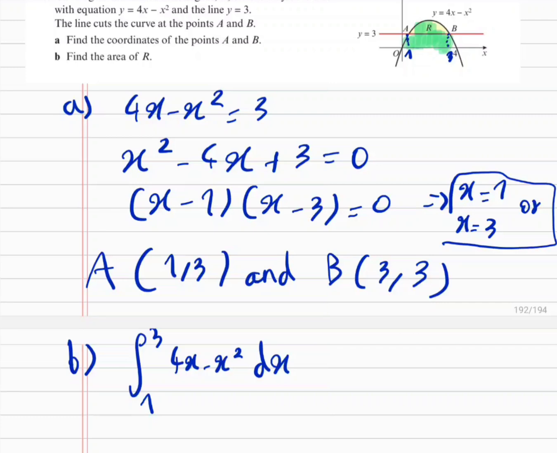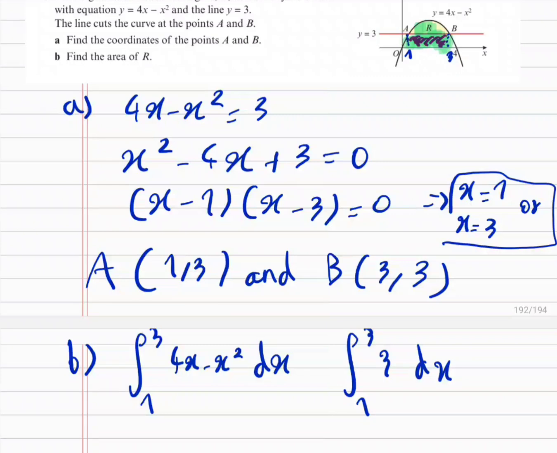But before that, we also need to understand that if you just integrate this constant function, which is just 3, between, again, 1 and 3, the output is going to give you the area of the red region. As you can see, this is the region that is bounded by the line and the x-axis.